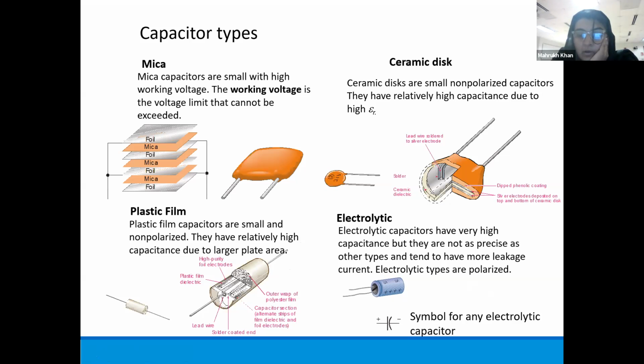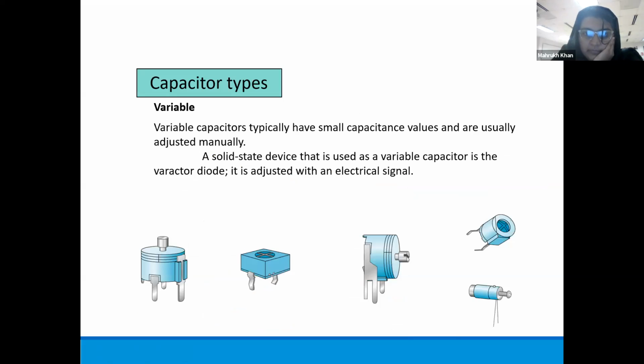Electrolytic capacitors, however, are polarized, so they have their positive and negative sides. The longer lead, the longer wire, is the positive, and the shorter wire shows the negative side of these capacitors. Okay. Then there are variable capacitors. With variable capacitors, you can change their capacitance by using their adjustable knob.